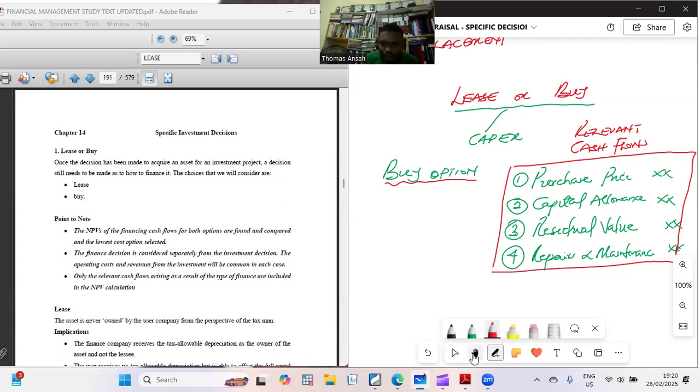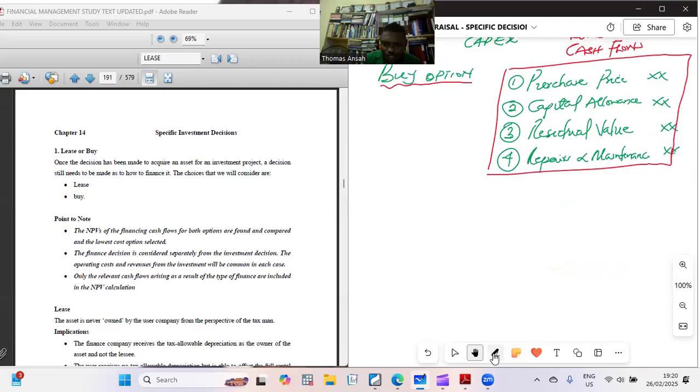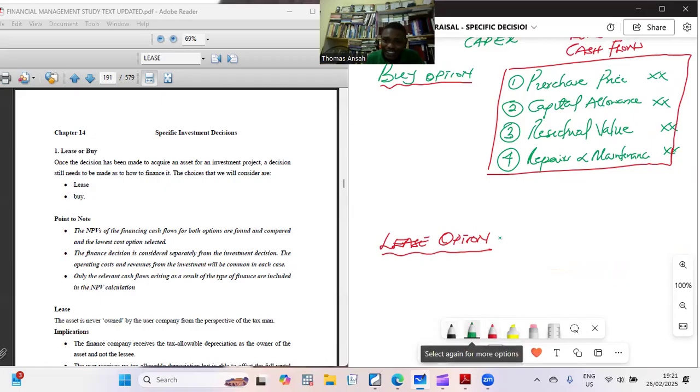Now, let's look at the lease option. I need you to understand the lease option very, very well. Here we need to understand the type of lease that we are talking about, because we are looking at it from a finance and tax perspective.